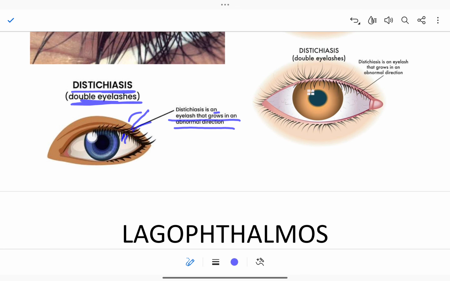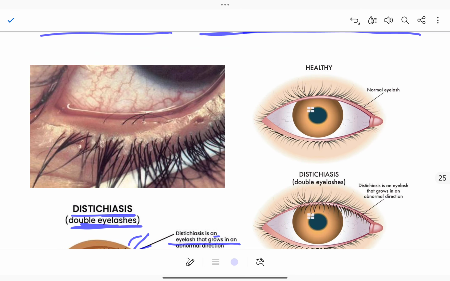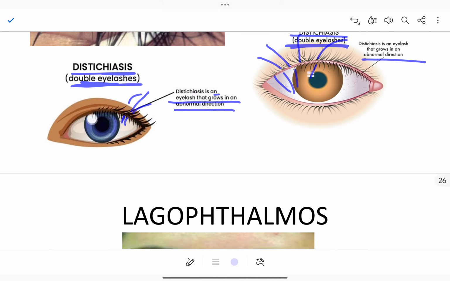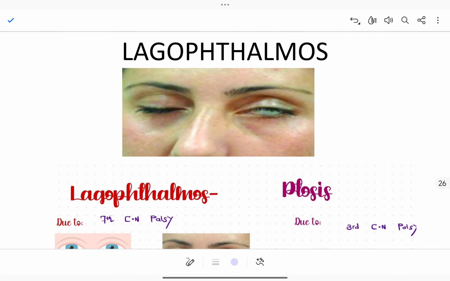See, this is normal, in one direction, and it is called healthy. But in distichiasis there are double eyelashes. See, double. Abnormal direction.